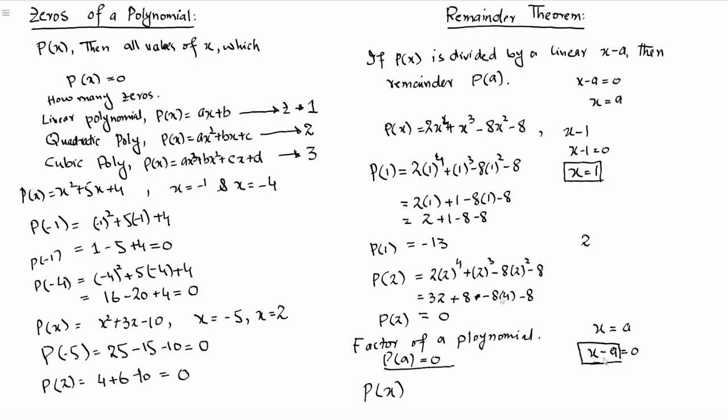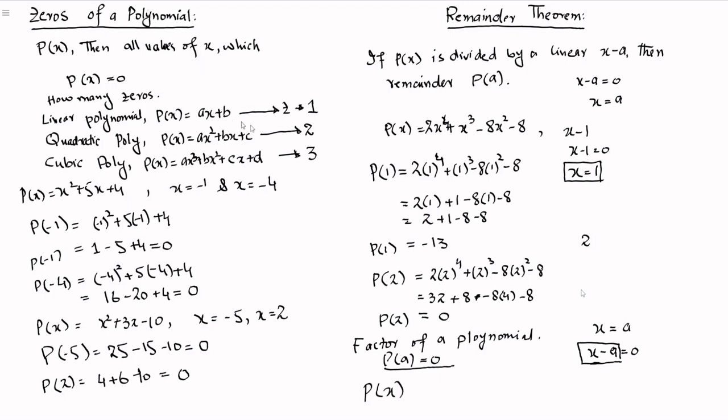If x minus a is the divisor of p of x, the value of x obtained is a, and inserting a in the polynomial gives p of a equal to 0, then x minus a will be called a factor of that polynomial.